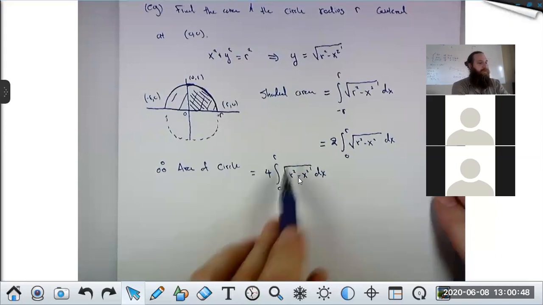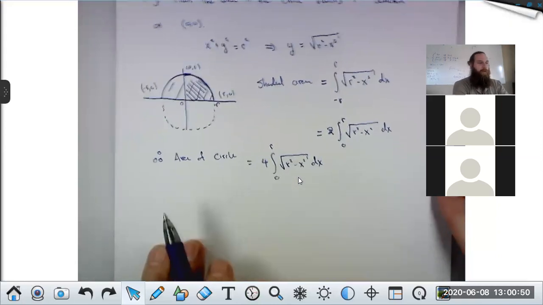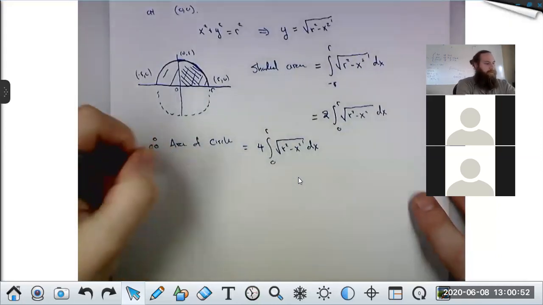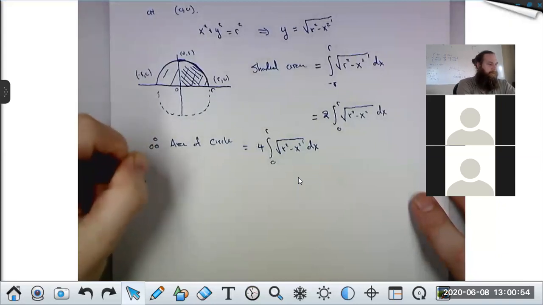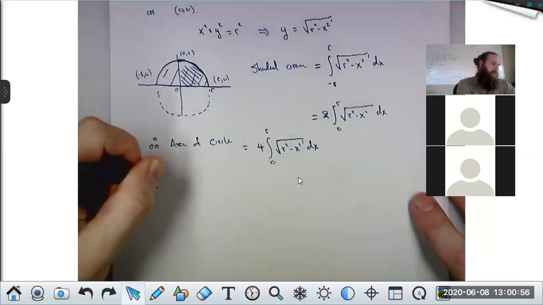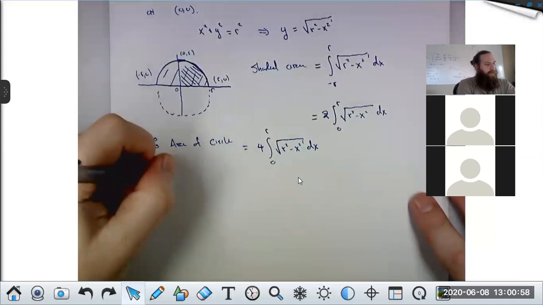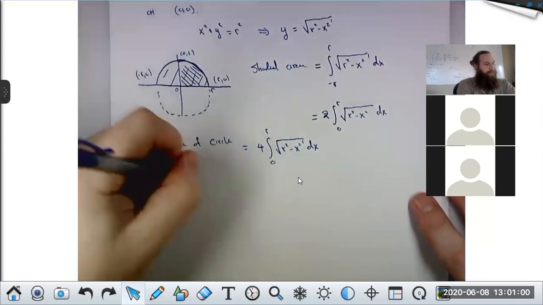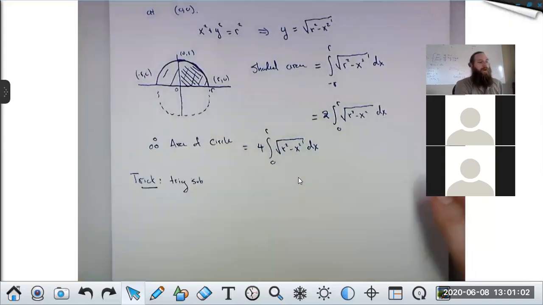So my task is to evaluate this integral. And the neat trick is the trigonometric sub. It's a little bit backwards. Usually when I make a substitution, I let my new variable be some combination of the old variables.